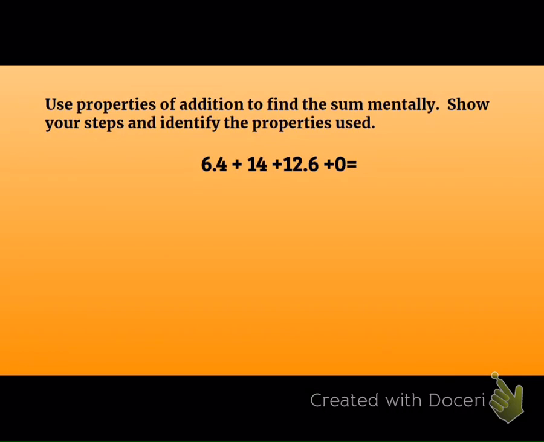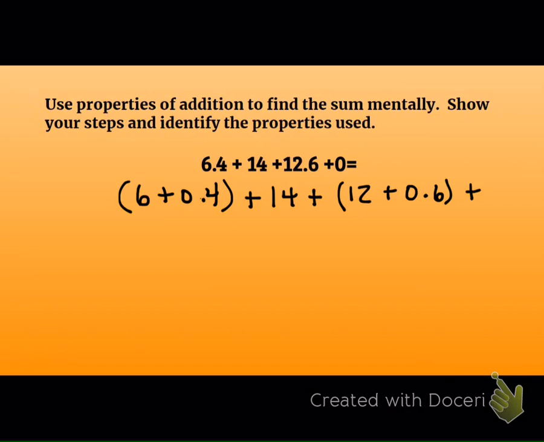So let's break 6 and 4/10 up. So 6 plus 4/10 plus 14 plus, I'm going to break that 12 plus 6/10 plus 0. That's not going to change anything.